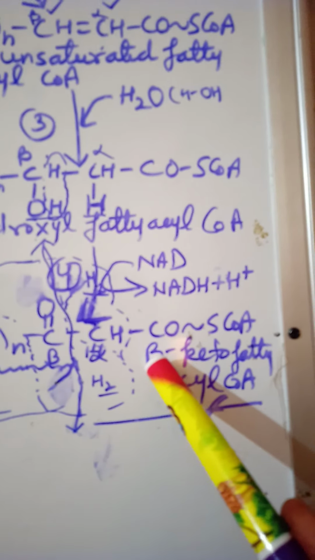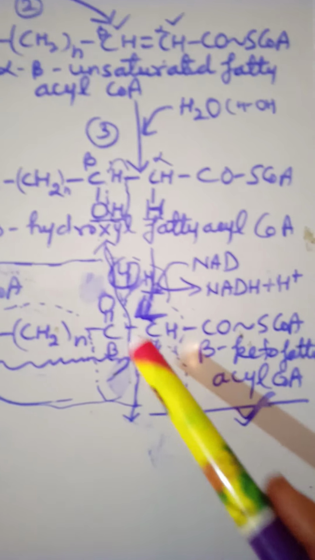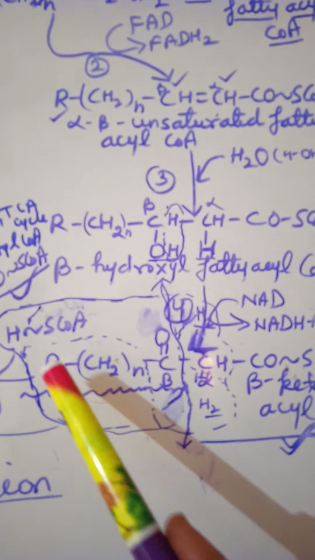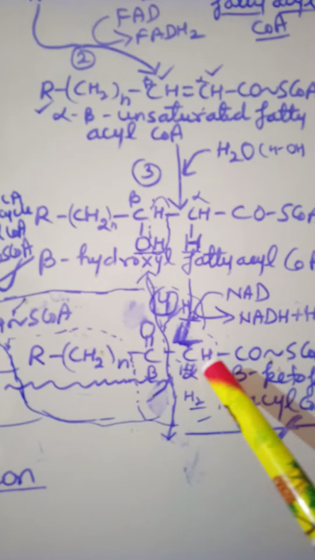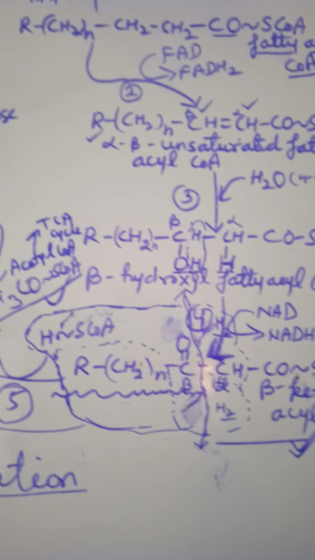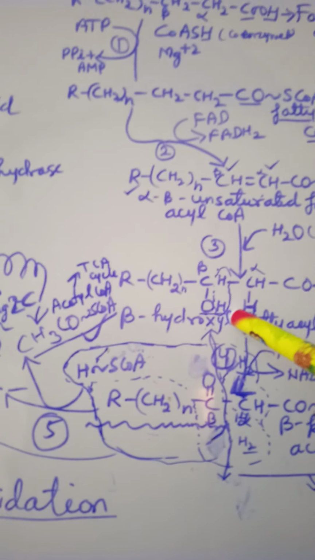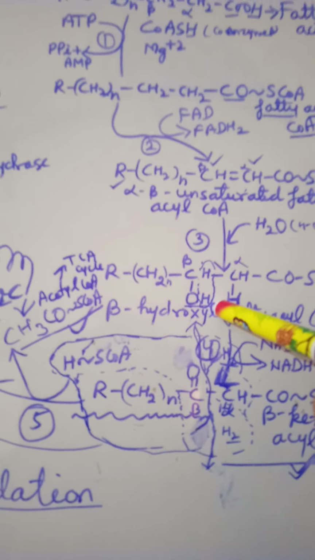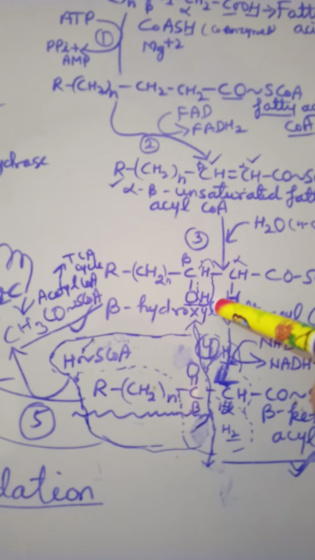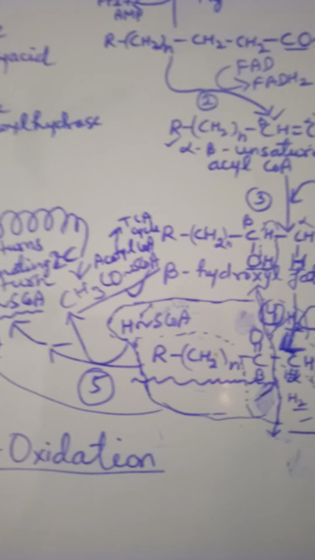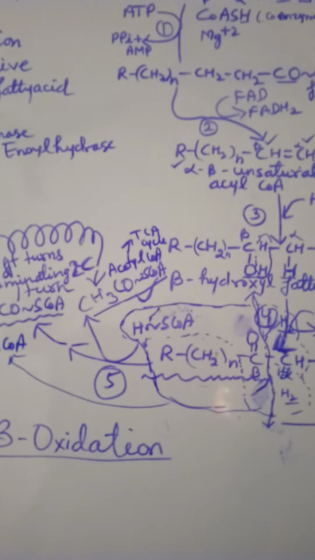This is known as beta keto acyl coenzyme A, in the presence of enoyl hydrase, giving beta keto fatty acyl coenzyme A.